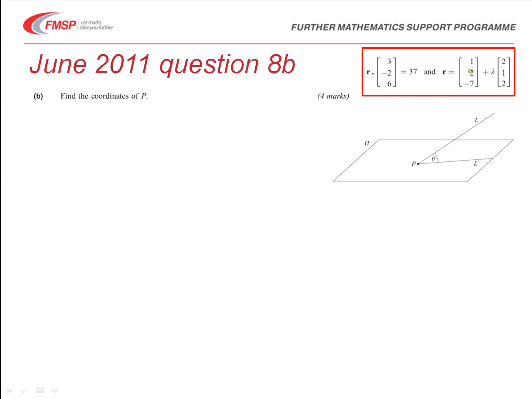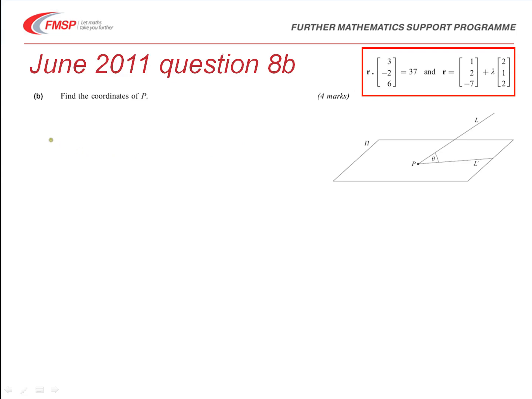Remember, you're probably better to write the equation of the line as 1 plus 2 lambda, 2 plus lambda, and negative 7 plus 2 lambda. So it's a single vector that can be put into the equation of the plane when you do the dot product.